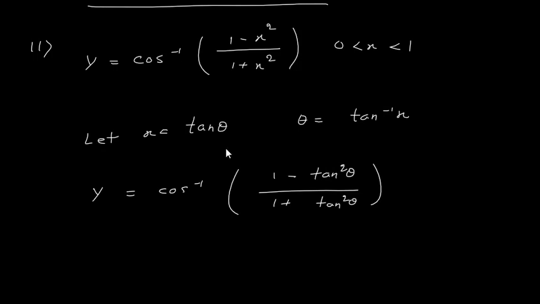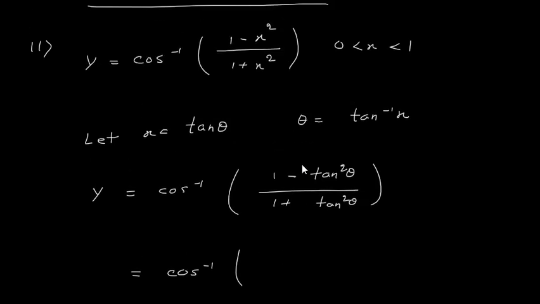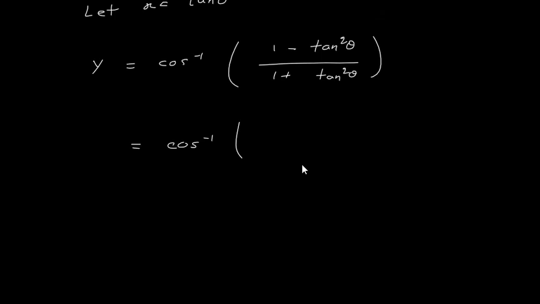Now (1 minus tan square theta) upon (1 plus tan square theta) is cos 2 theta. Recall you have done the formula of cos 2 theta as (1 minus tan square theta) upon (1 plus tan square theta).